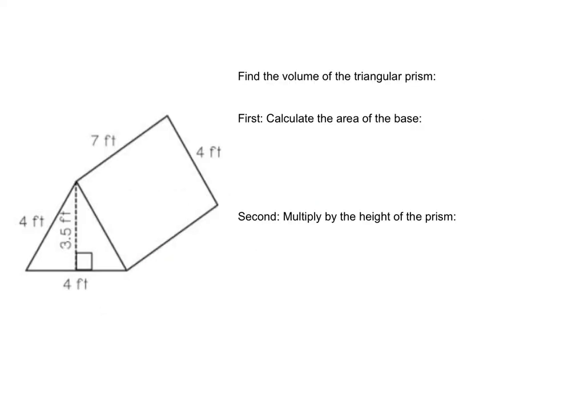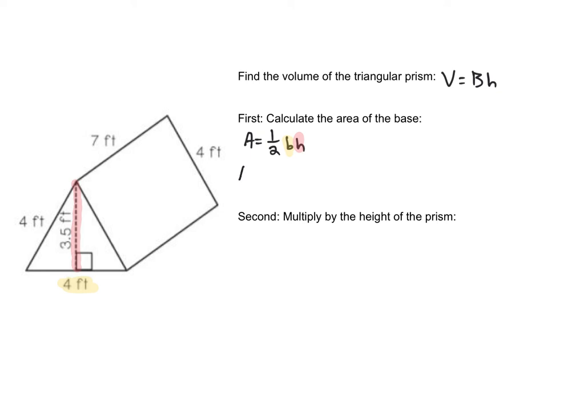Let's try one. So first, in order to find the volume of our triangular prism, again, we are going to be using our formula. V is equal to the area of our base times the height of that figure. So first, we're going to want to calculate the area of that base. Since area is equal to 1/2 of the base of our triangle times the height of our triangle, here, the base of our triangle is 4 feet, and the height of our triangle is 3.5 feet.